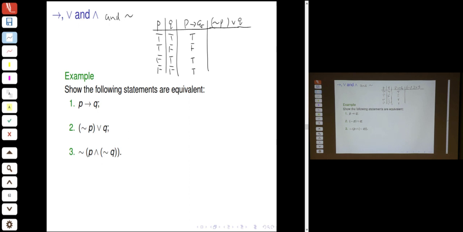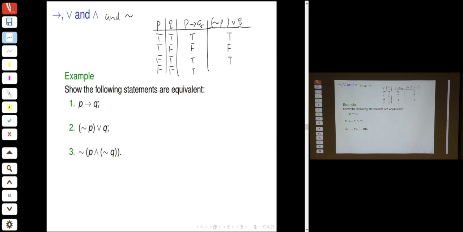Is this column also read as TFTT? Well, if Q is T, then this one should be T. So at least I know the first and the third rows have to be T because Q is T. Now look at the second row. When P is T, negation of P is false. So I'll have false or false, so I have false here, right?